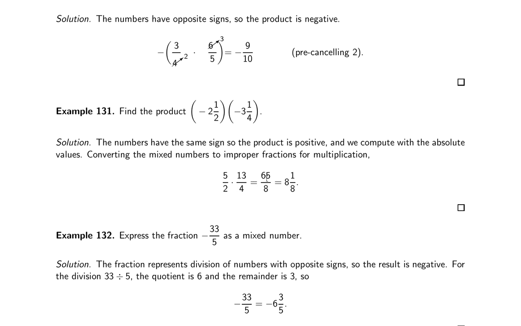So it's just 5 times 13 is 65, 2 times 4 is 8. So 65 over 8. That's a good answer. You don't have to do this step, but you can convert it to a mixed number. 8 goes into 65 8 times, remainder 1, so 8 and 1/8.